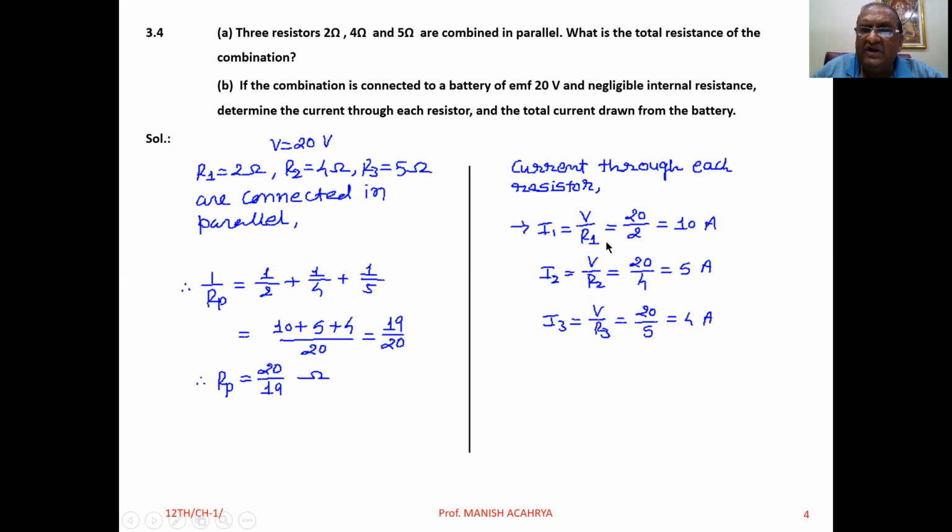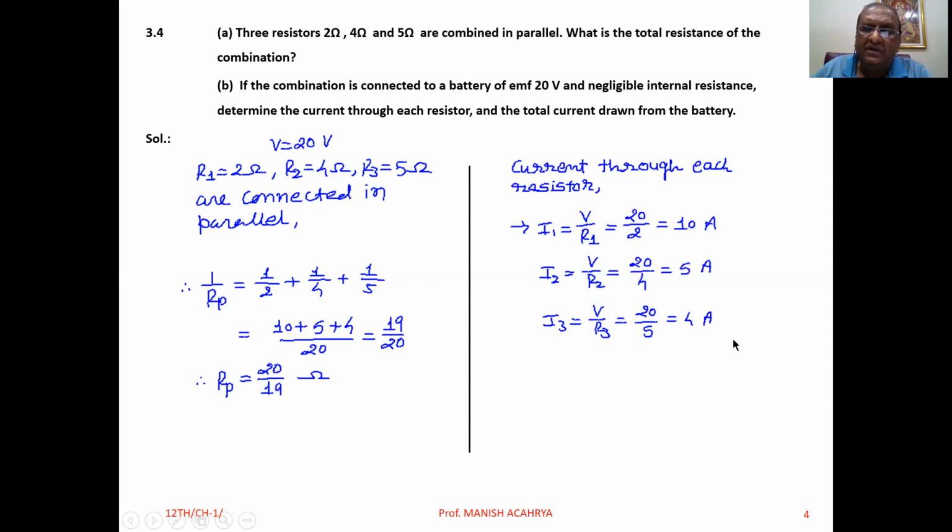V is 20, R1 is 2, so that is 10 ampere. Then current through the second resistor, I2, is V by R2, that is 20 by 4, that is 5 ampere.